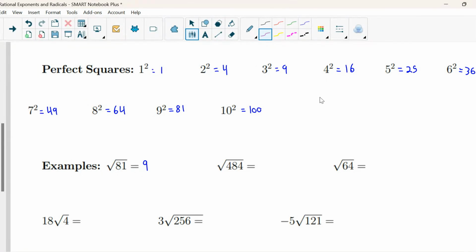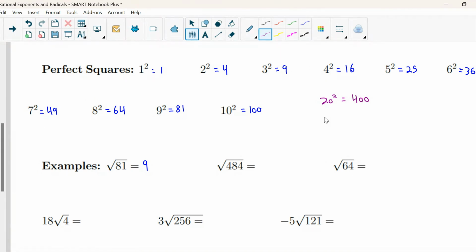What's 20 times 20? Well, 2 times 2 is 4, with 2 zeros. 20 squared is 400. I know that off the top of my head. Obviously, 400 does not get me to 484, so I'm going to have to keep working my way up.